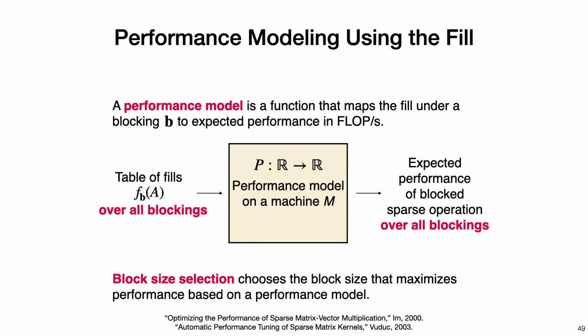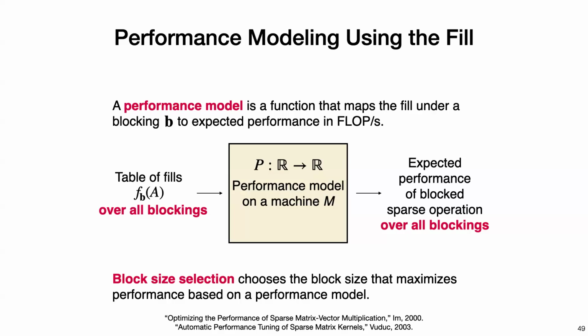So the performance model is trying to use the fill and other information to map some blocking to some expected performance in flops. This is like an early auto-tuning pipeline for sparse matrix vector. The input is, given a matrix, to compute a table of fills, either exactly or approximately, over all possible blockings.